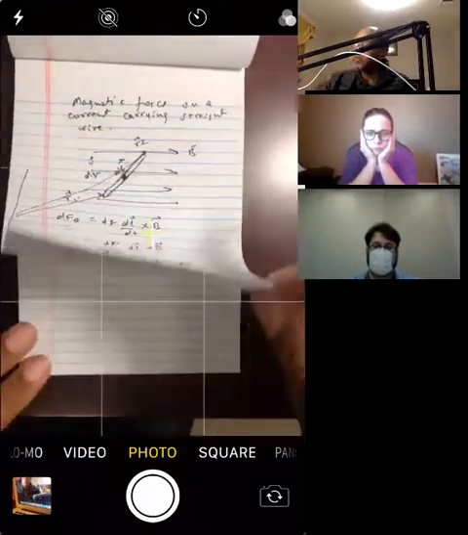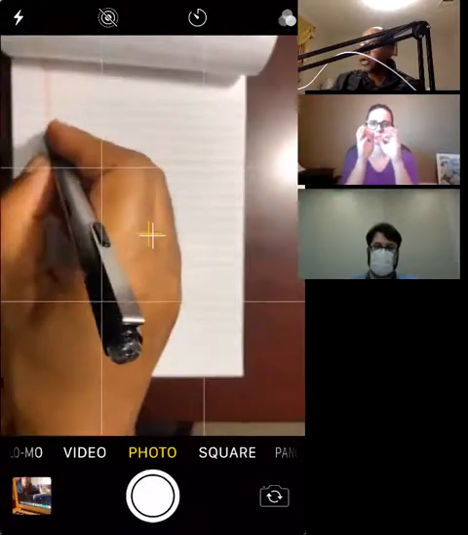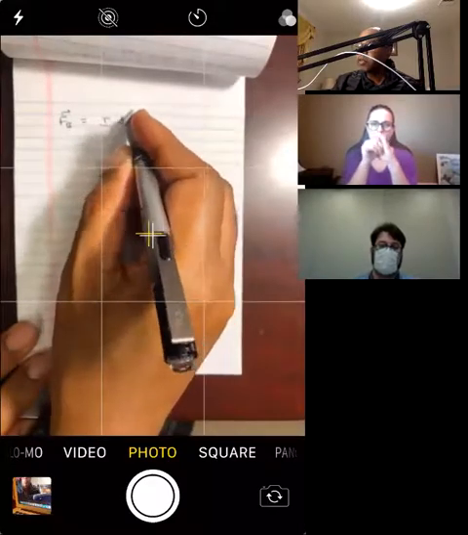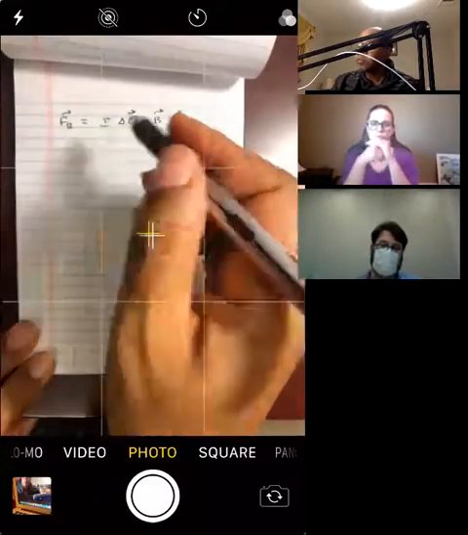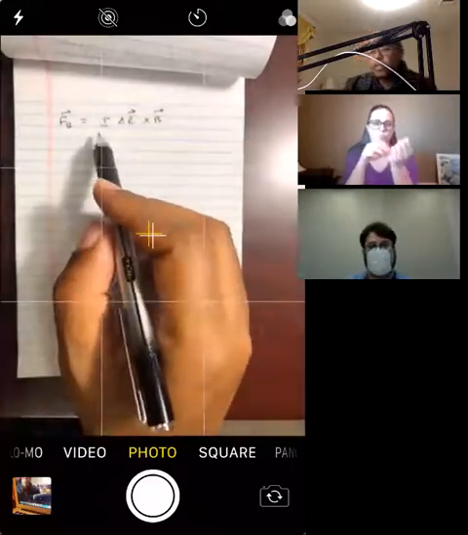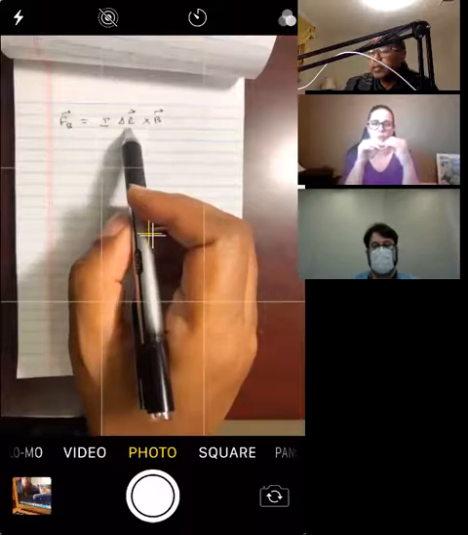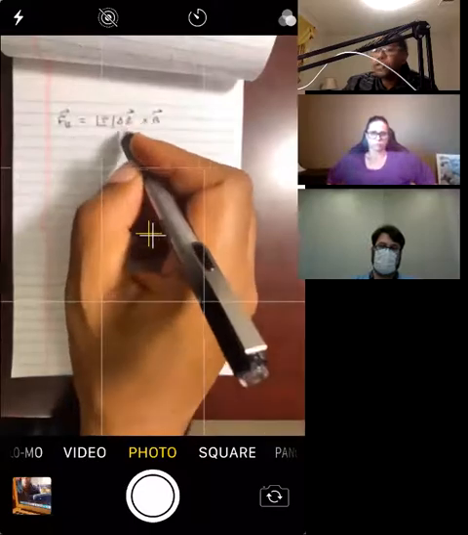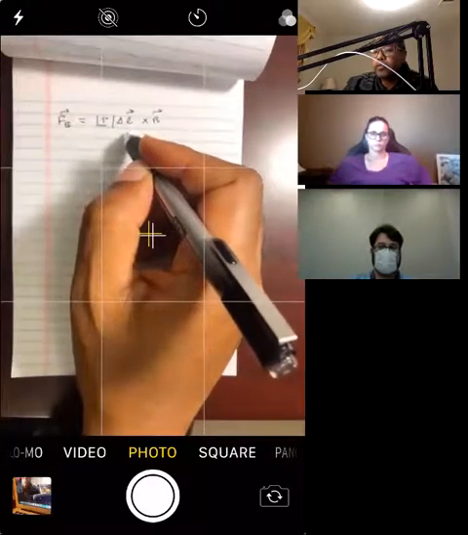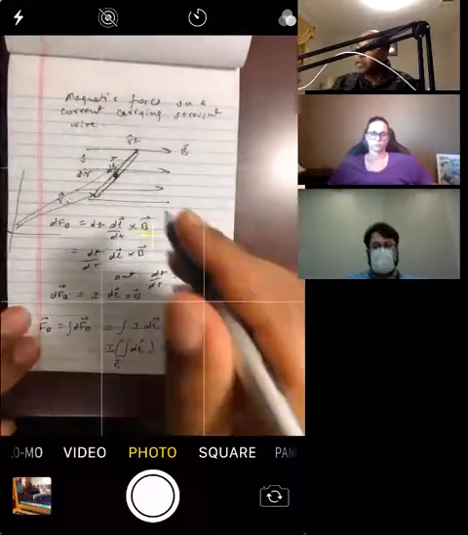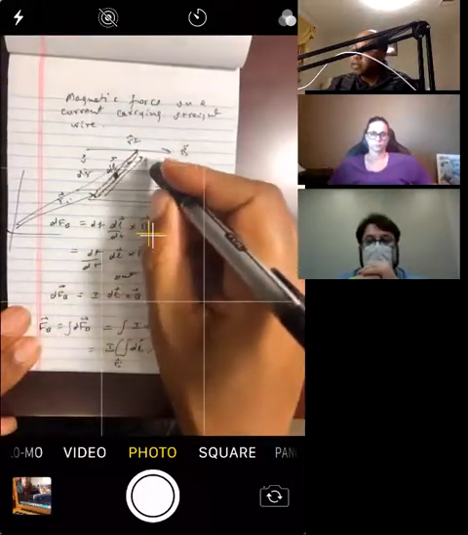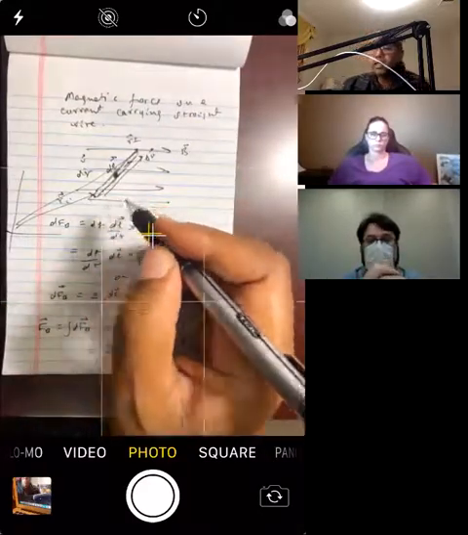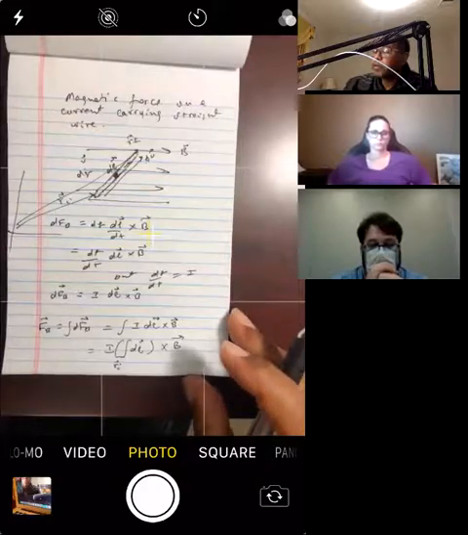So the magnetic force is the current times the displacement delta L cross B. Now, the current has a direction, so I'm going to put the direction in delta L. I'll take the current in absolute value, and the direction of delta L will be the direction of the current. If the current is going this way, this would be delta L, but if the current is going the other way, delta L goes this way.